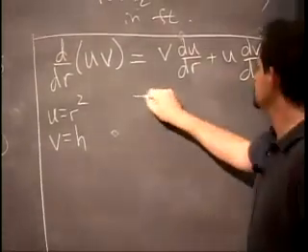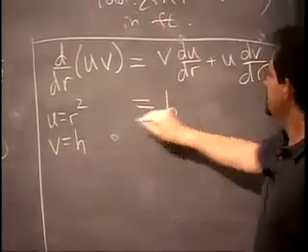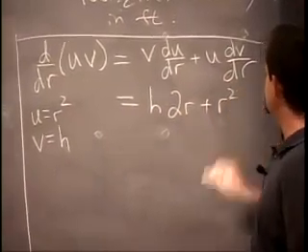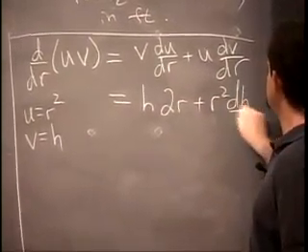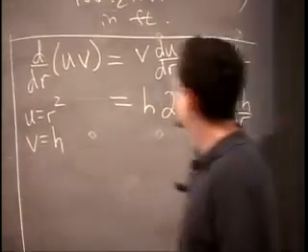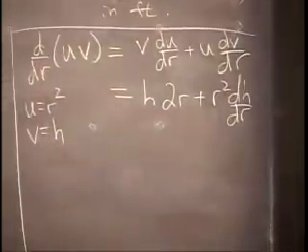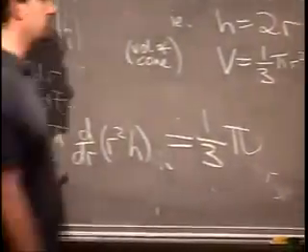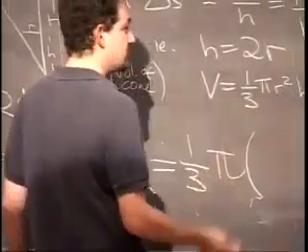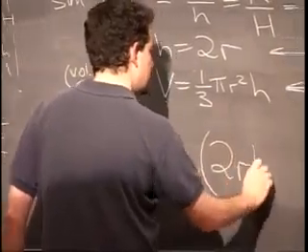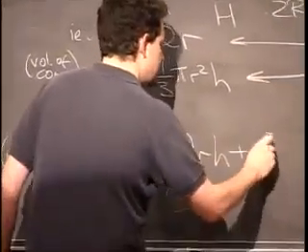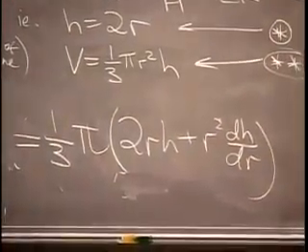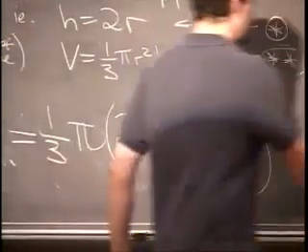Product rule. v is h, du/dr is 2r, u is r squared, and dv/dr is simply dh/dr. So if I surgically insert this over here, I will get 1/3 pi outside of 2rh plus r squared dh/dr. And that is an expression for dV/dt.